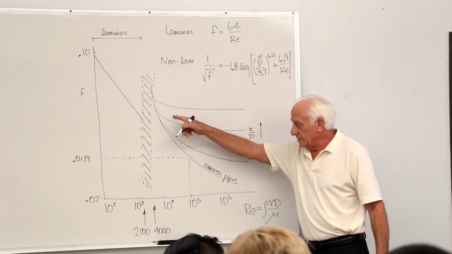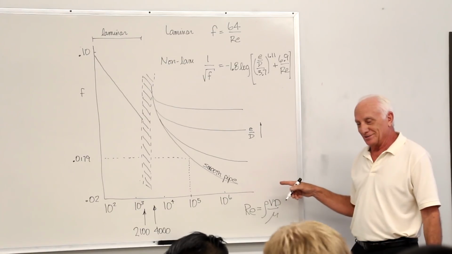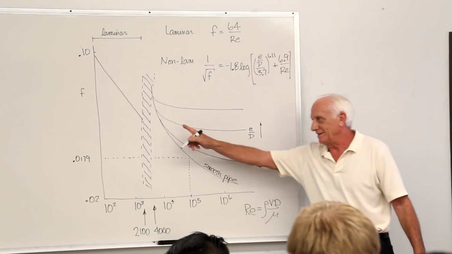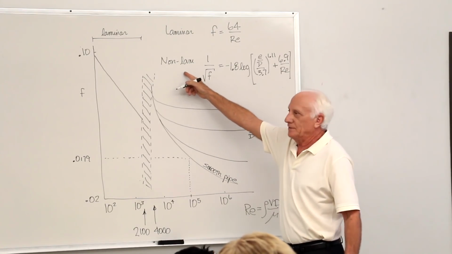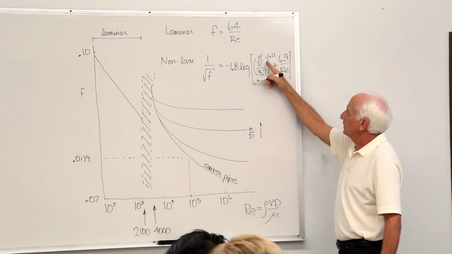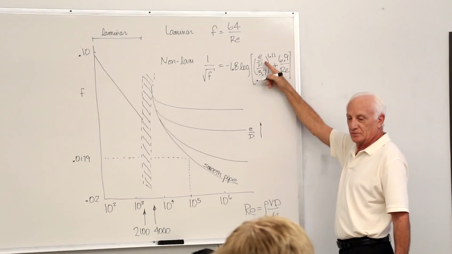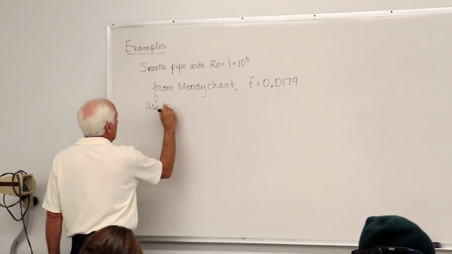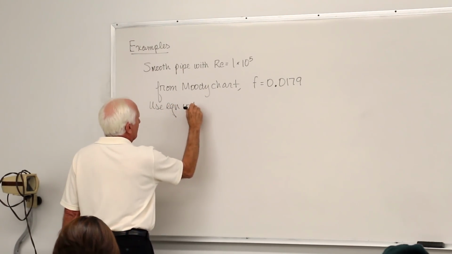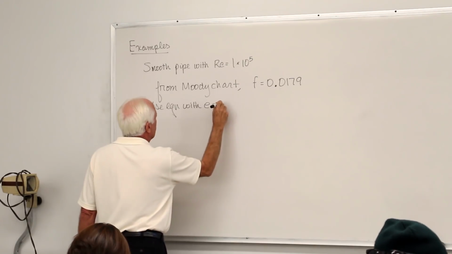The smooth pipe never does end up horizontal, never does. It's always coming down this way. Okay, so that's okay. This fits it. For a smooth pipe, put E equals 0, smooth pipe. So use the equation for a smooth pipe, E equals 0.